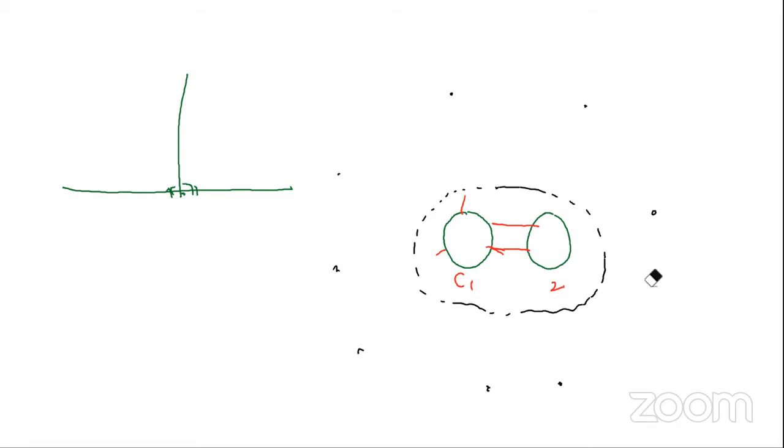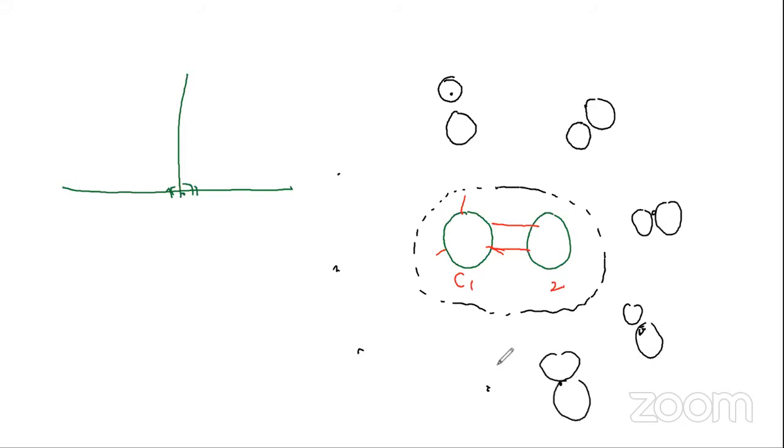Now you have A which faces inside, B which faces outside. So all the time A faces inside, B faces outside. A inside, B outside, A inside, B outside. All the time you have this structure.